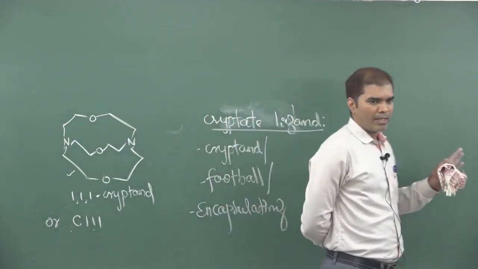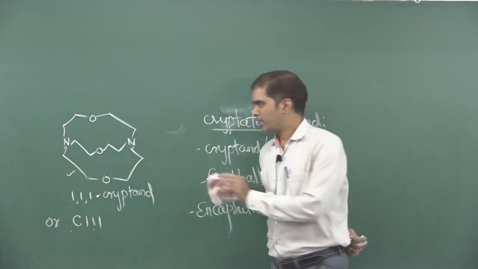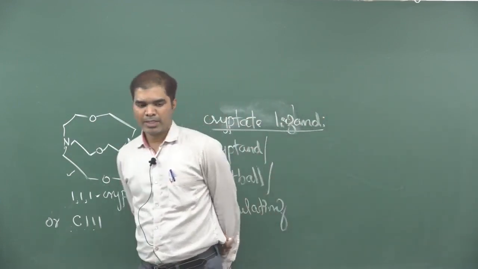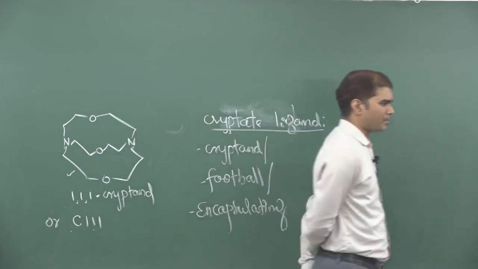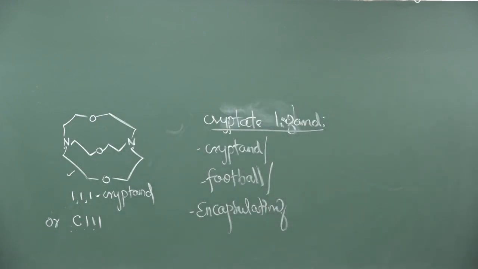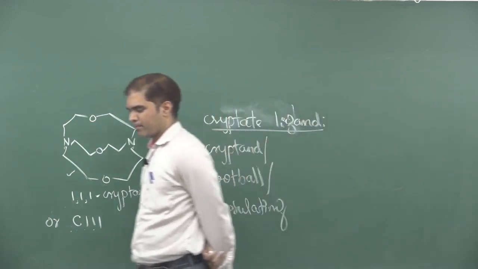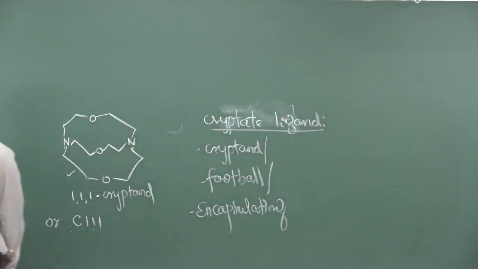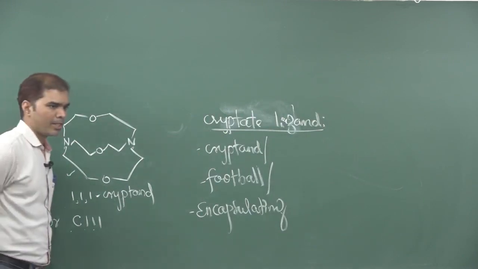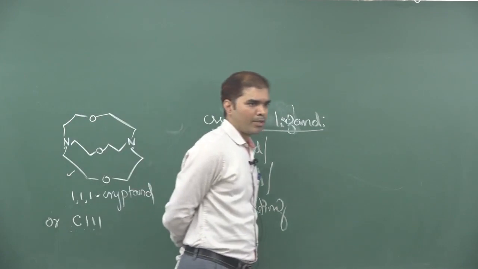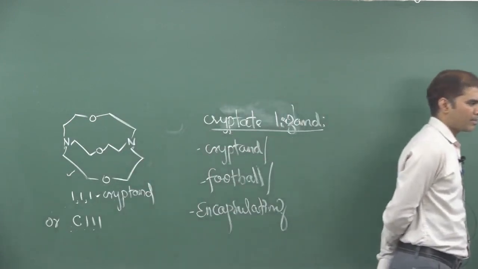Their stability will vary with metal atoms also. You can just take this example, 111 cryptand. These are the different types of ligands. They will have the highest stability when you compare it with the analogous chelating ligand or a macrocyclic ligand or equivalent number of analogous monodentate ligands.